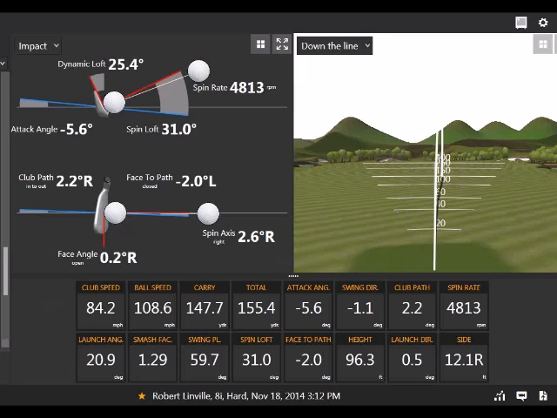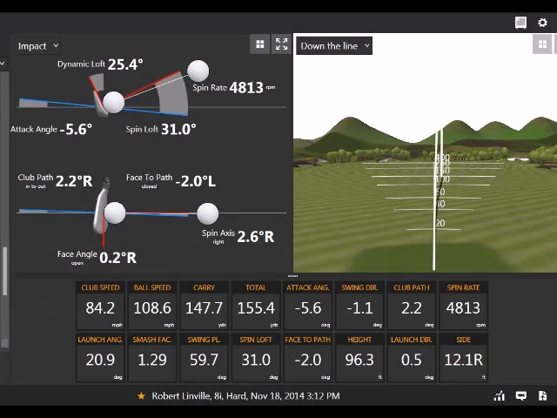How often do we use TrackMan when working with students? We've actually got two launch monitors that produce these data parameters.